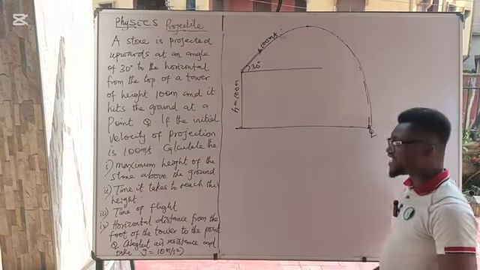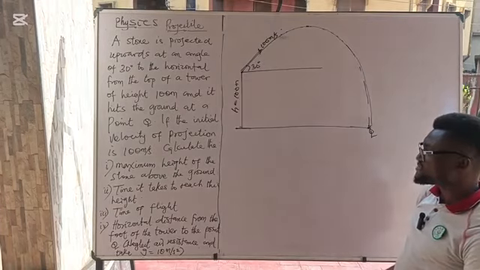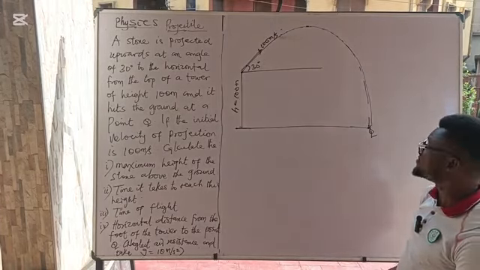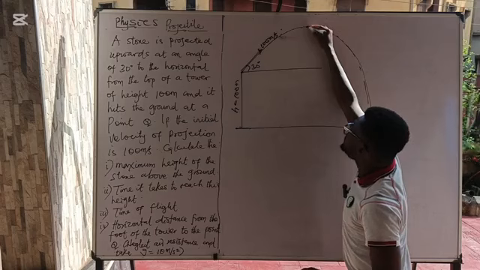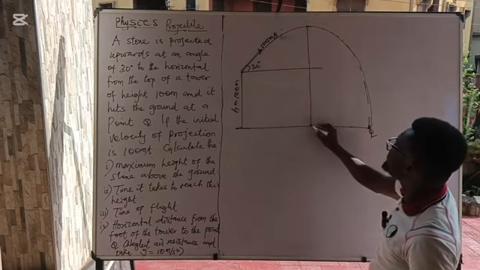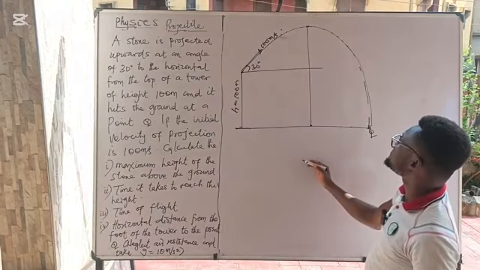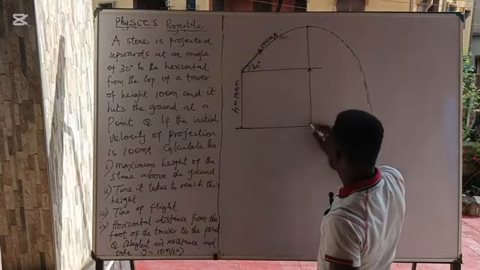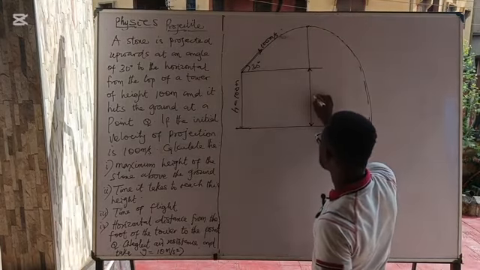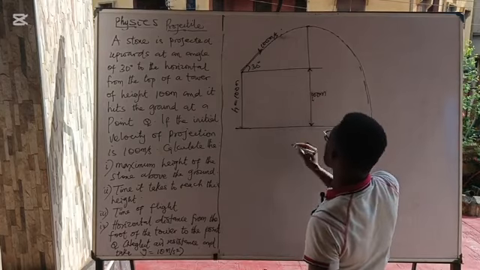So in order to solve the exercise, at least we have the diagram. We are asked to calculate the maximum height of the stone above the ground. Look at the highest height attained by the body. Above the ground, that means from here, we have to get the highest height attained. From here to this point is the height of the building, which is 100 meters, right?